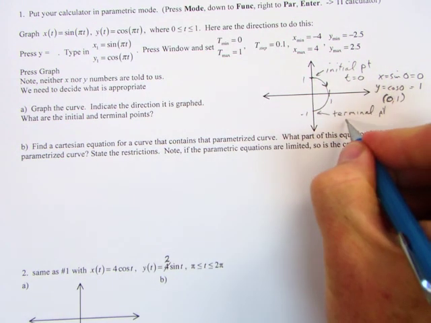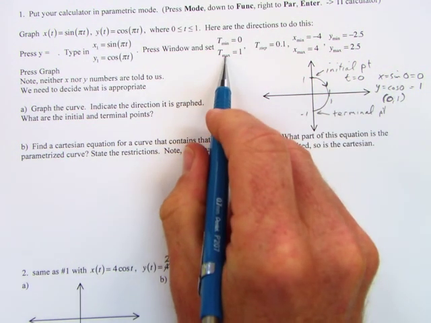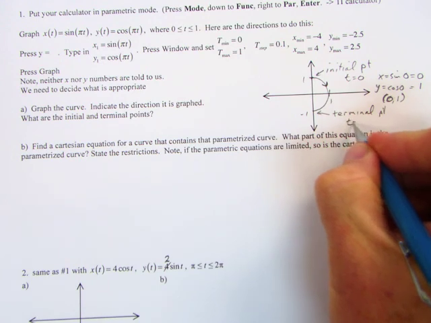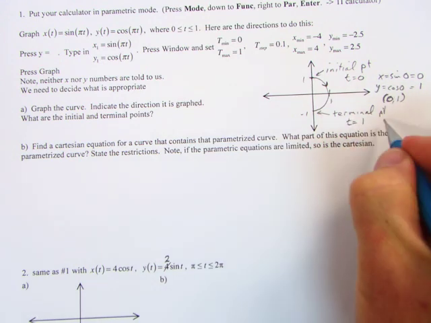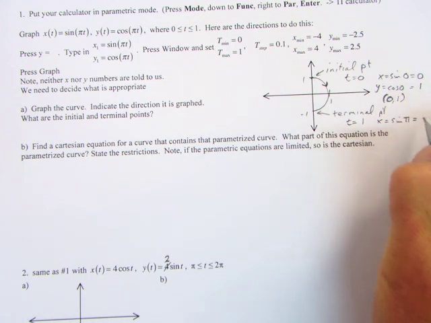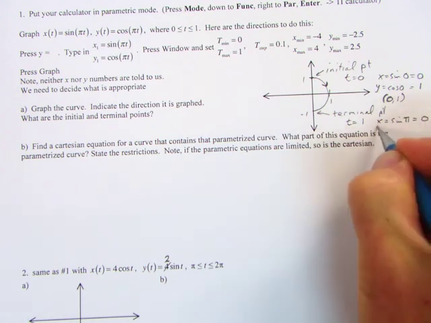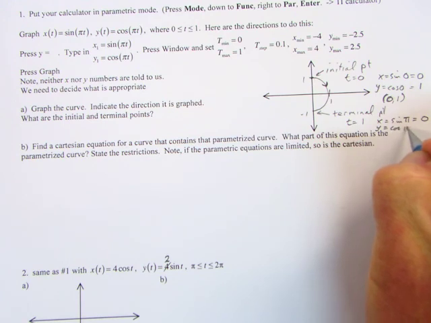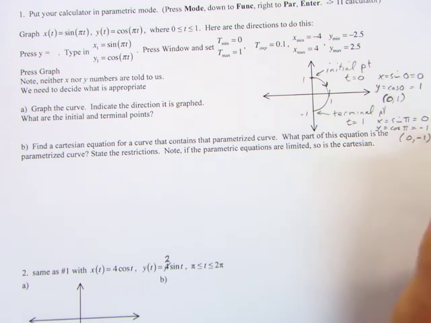Now we look at our terminal point, and that was at our final time value. So t equals 1, x equals the sine of pi times 1, which is pi, that is 0. Y equals the cosine of pi, which is negative 1. So our terminal point will be 0, negative 1.